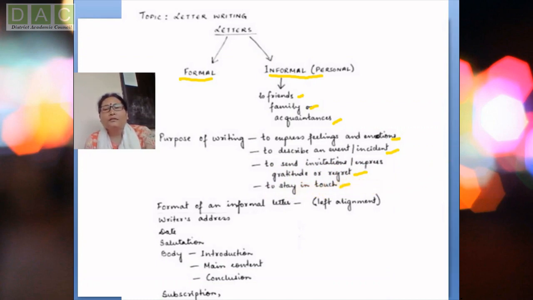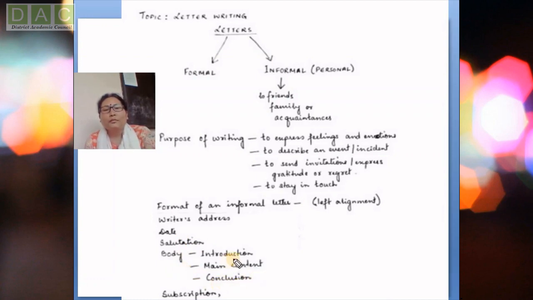Now, coming to the format, let us look into the format of an informal letter, which is to be written on the left alignment of a paper. The first thing that we need to write on the left top is the writer's address. Next comes the date, next the salutation, and the body.